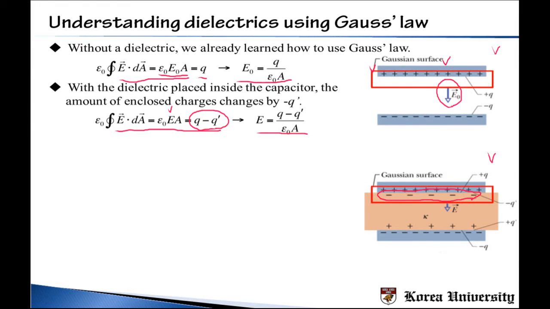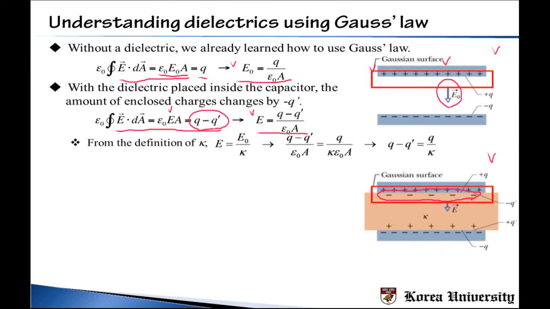That was the ratio between the original electric field and the reduced electric field. So we can rewrite the new electric field as E naught divided by kappa. Let's insert the two results we just calculated. You can see that epsilon naught and A cancel out, so we get this relationship.